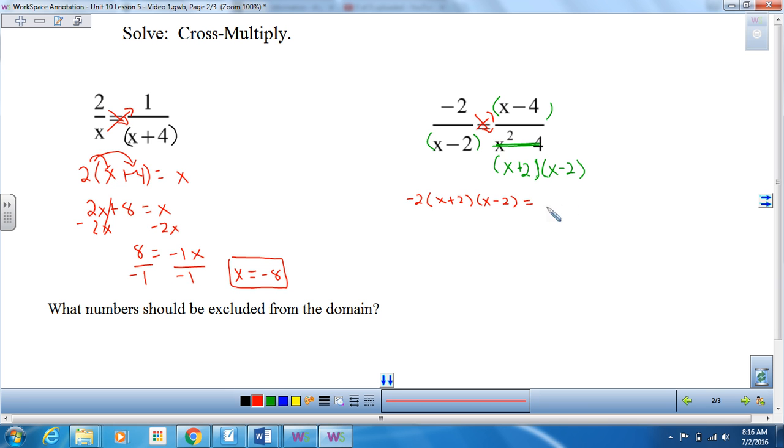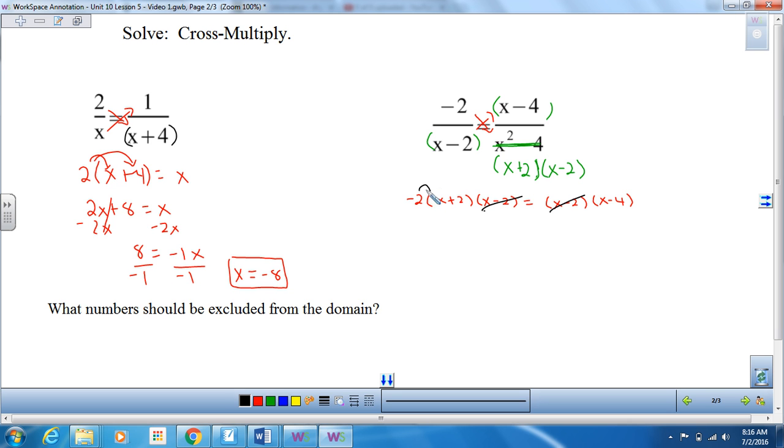And then I have x minus 2 times x minus 4. When you have a common factor on both sides of the equal sign, like this x minus 2 and x minus 2, those are going to cancel because I could just divide out by those.